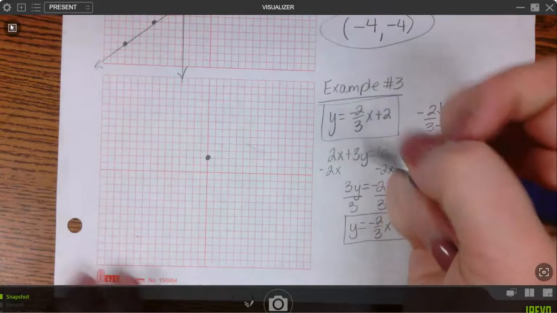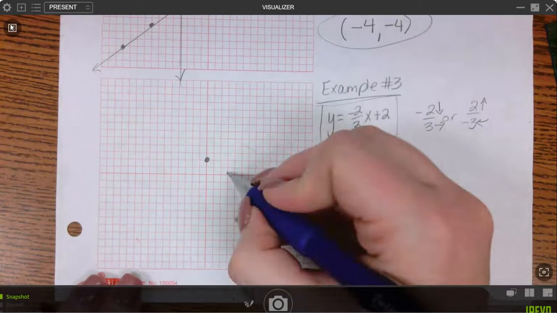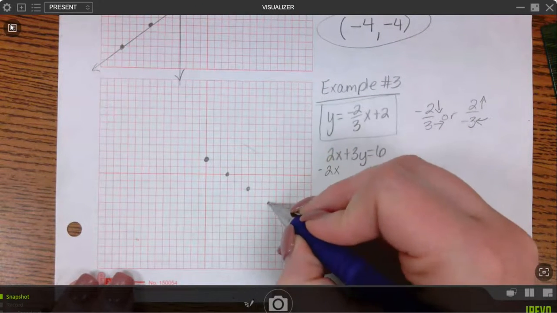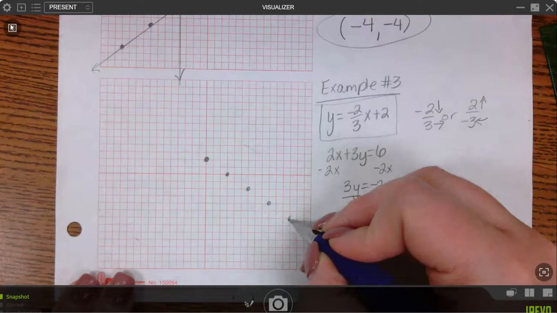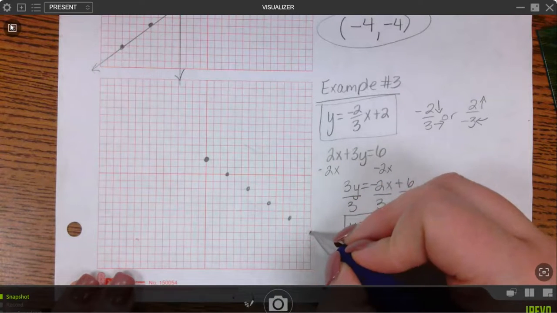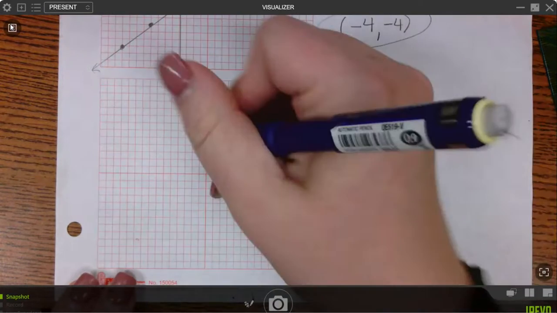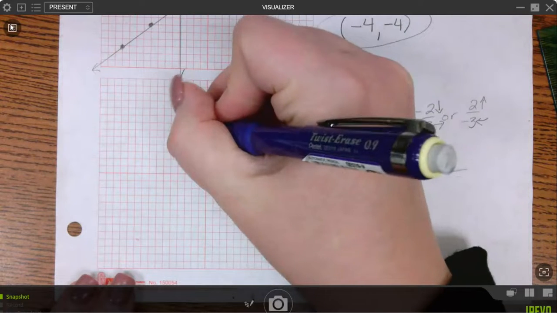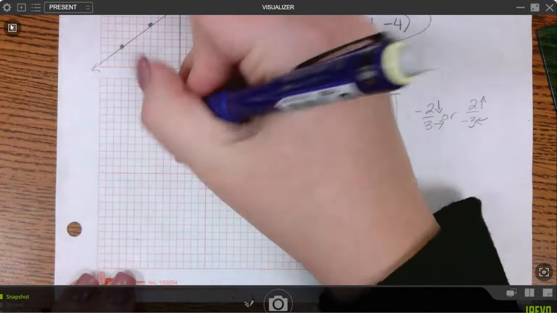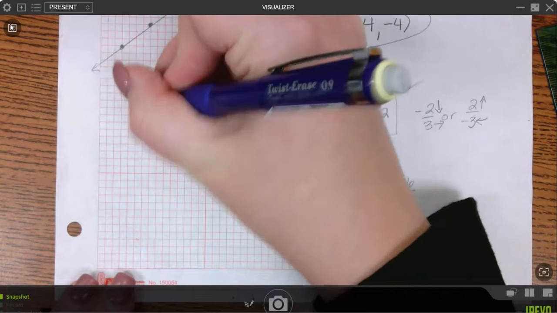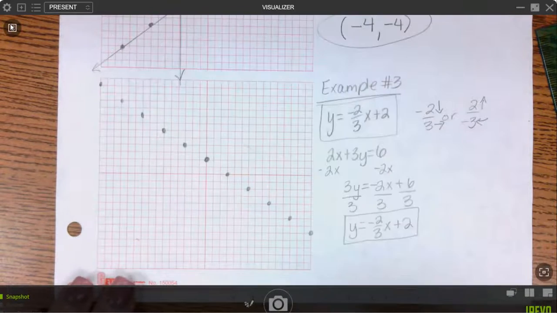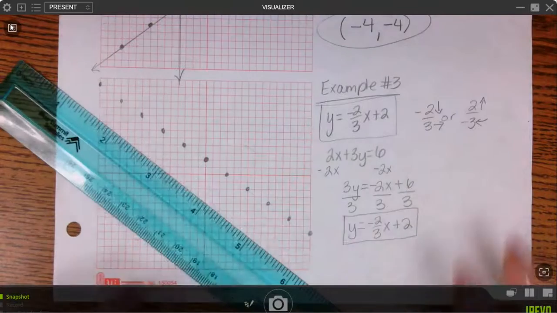So let's do both of those. Down 2 and right 3. Continue that pattern. Or you can go up 2 and left 3. Okay, so we have those points. Let's make our line.